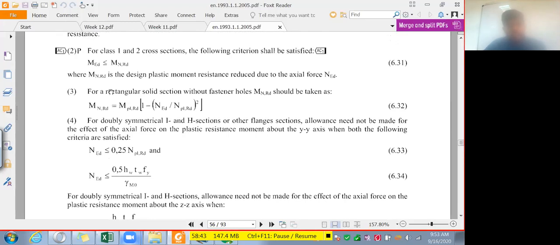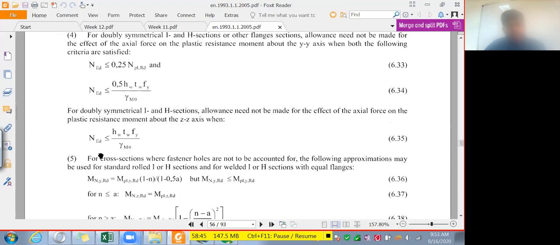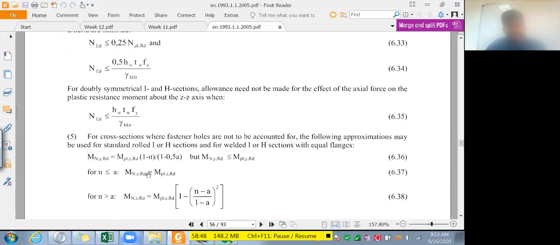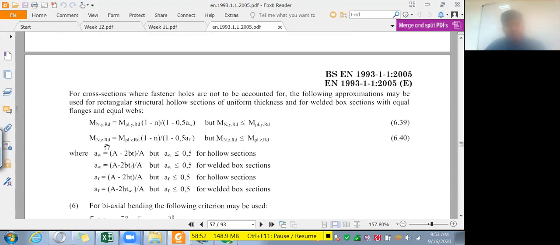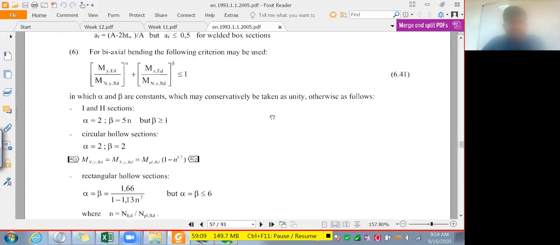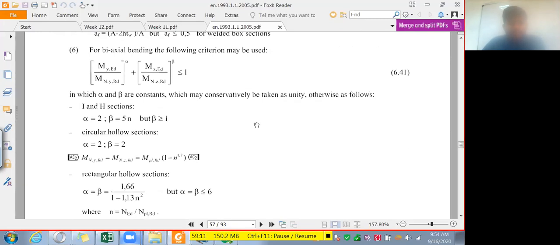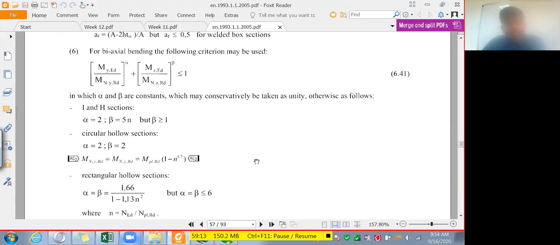The reduced moment capacity MN,y,Rd about the y-axis is obtained from this equation, and MN,z,Rd about the z-axis is obtained from this equation. So these are the checks you need to make for bending plus axial forces acting on a member. Okay, so that is the check for bending plus axial and bending plus shear.